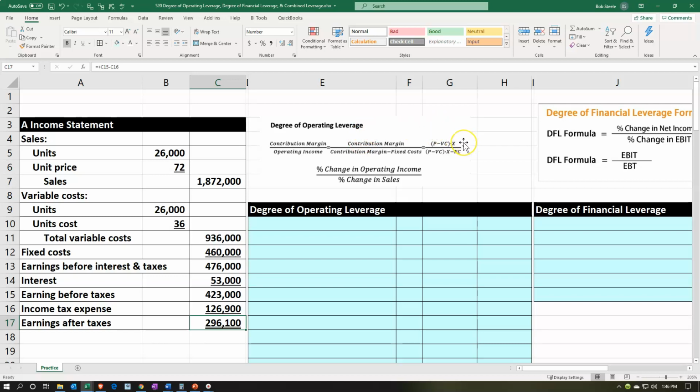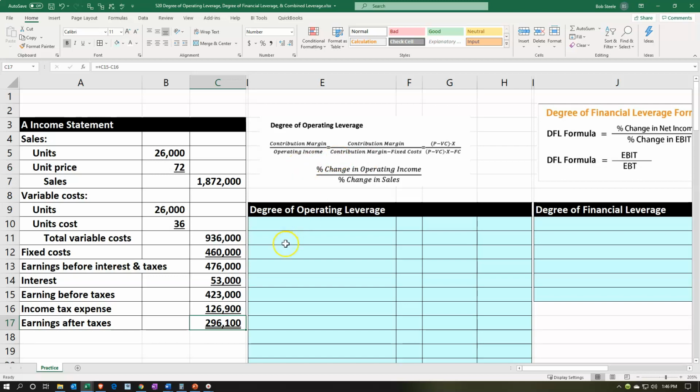So this formula gives us the total contribution margin, not the contribution margin per unit. And then the bottom line, operating income, can typically be thought of as the contribution margin minus the fixed costs.